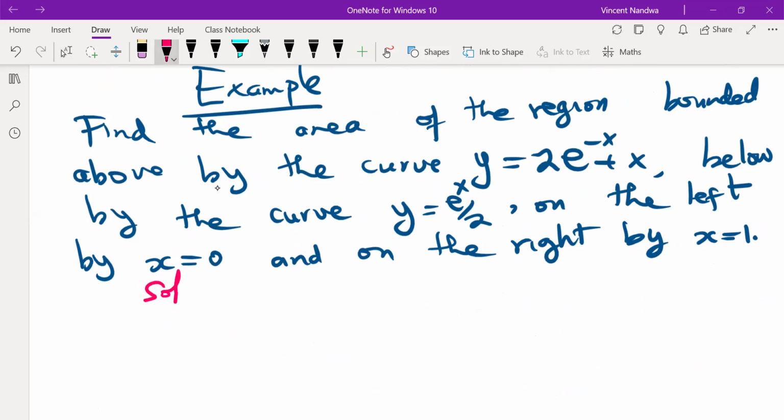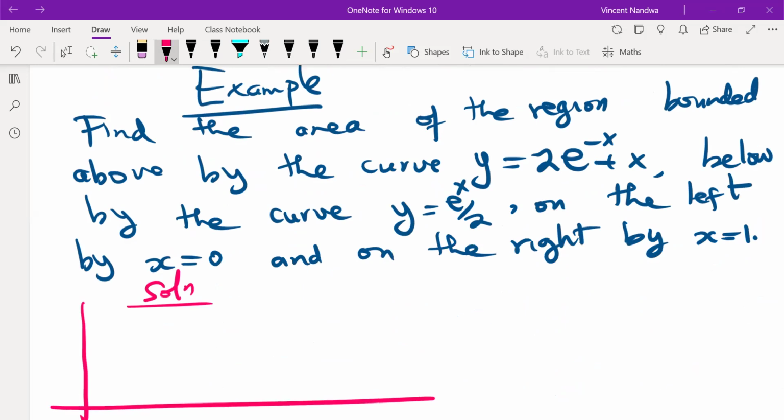So solution. In this case, the line x equals 0 to the line x equals 1.